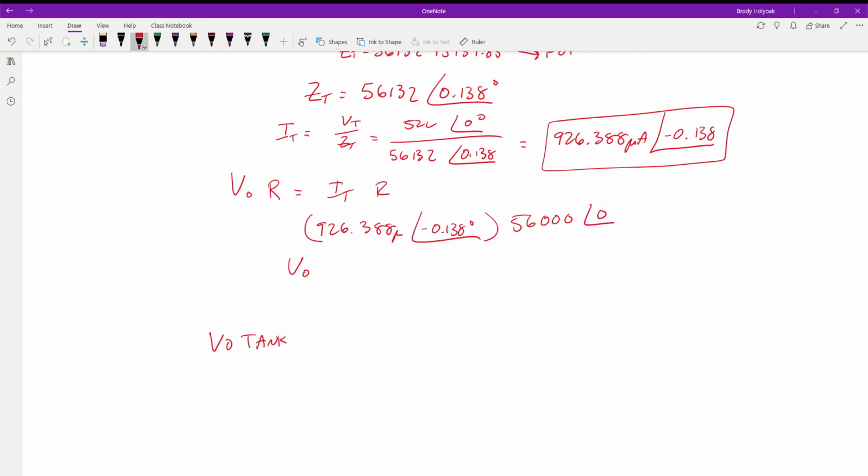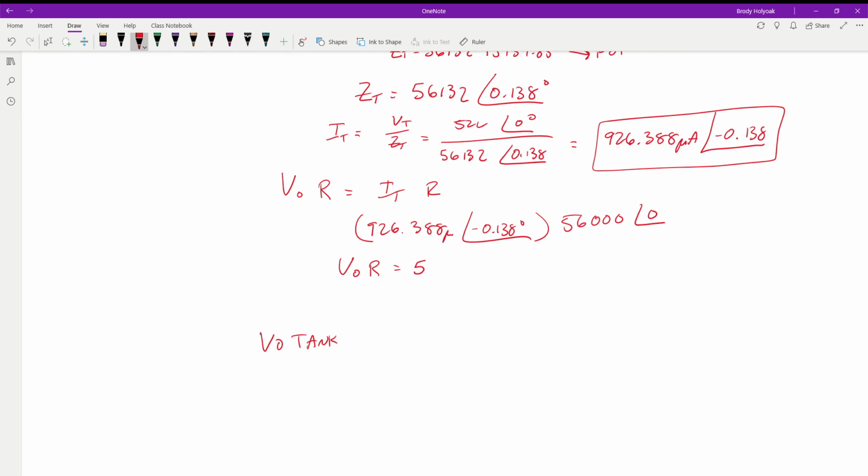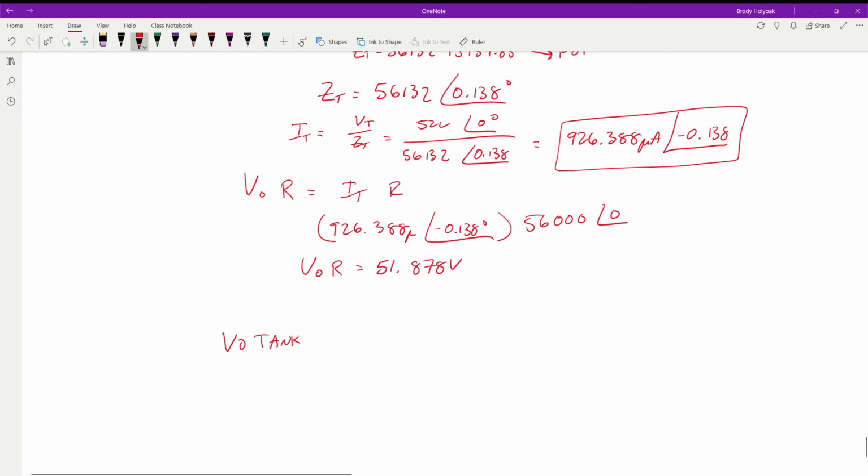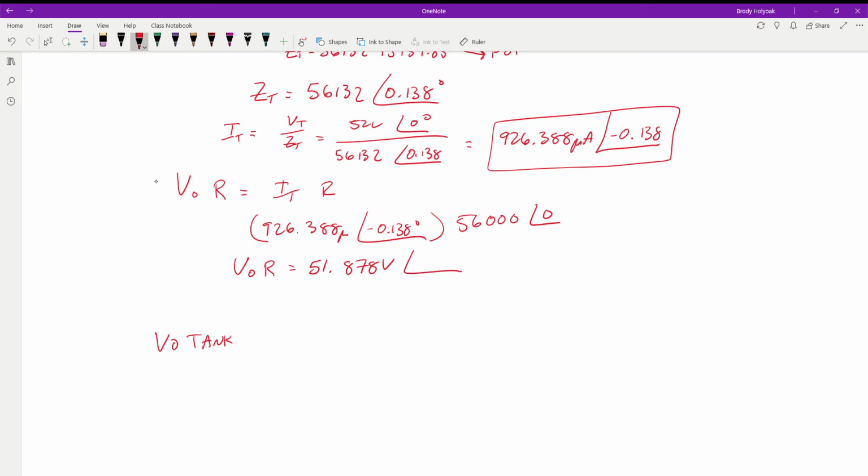So the V out, basically what we're going to see on our resistor at this frequency, is 51.878 volts at an angle of negative 0.138. So very, very negligible on the angle. We're not even going to see that.